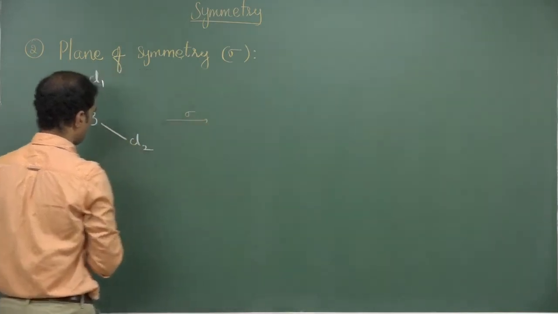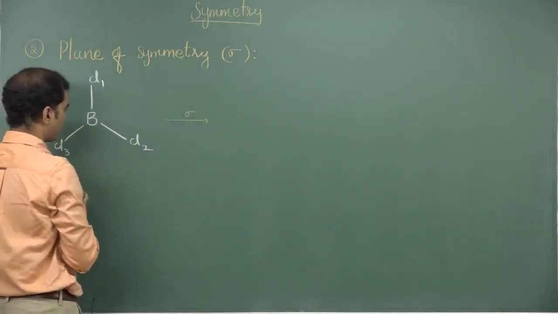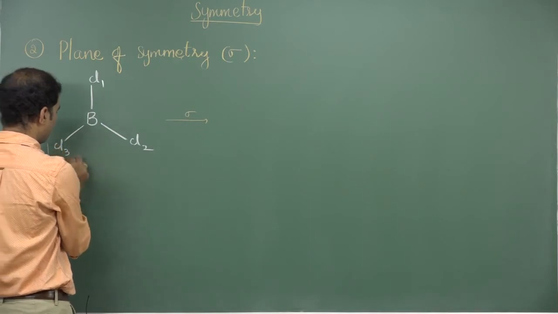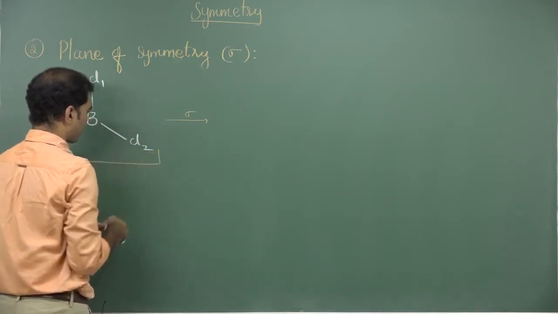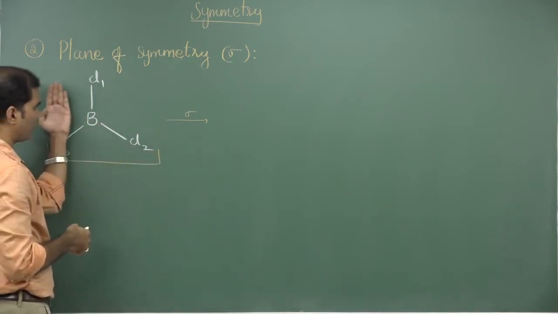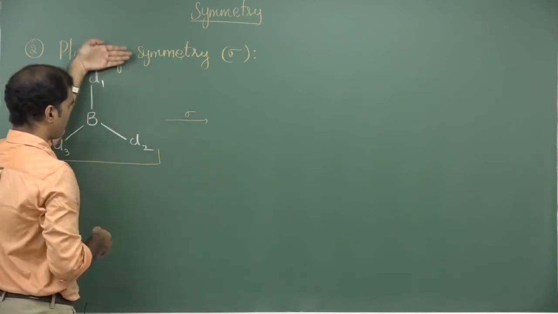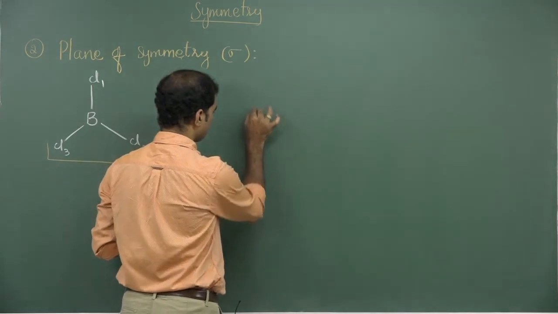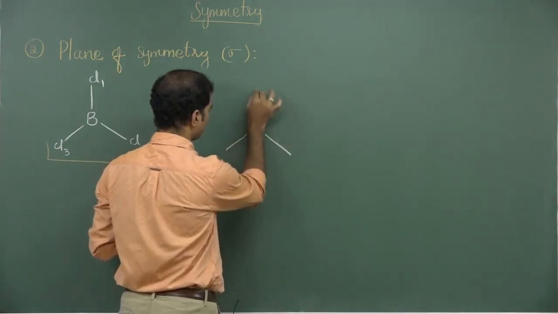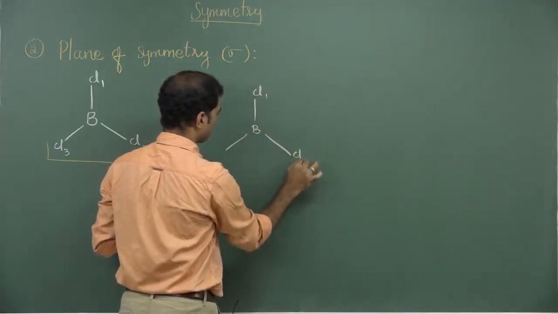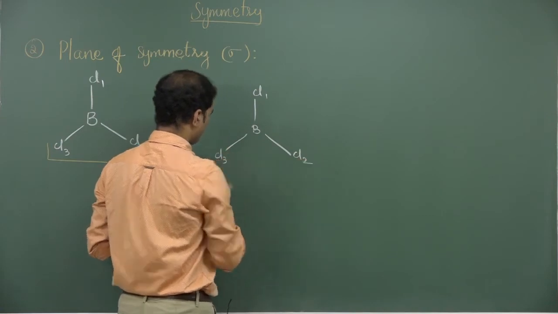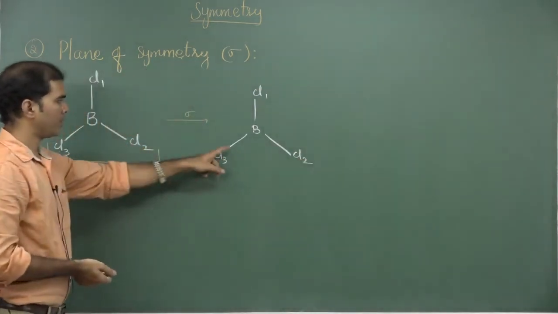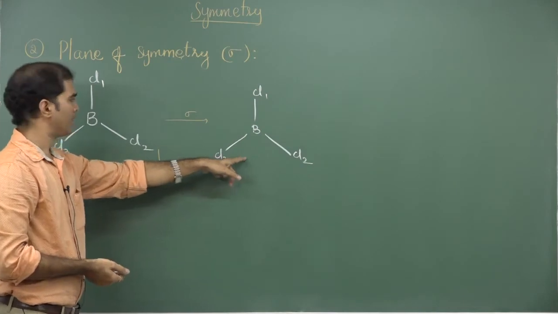We are passing a sigma. How should I show that sigma? That depends. You may draw this half, or from here, or from here, or from the top. One and two are not identical.